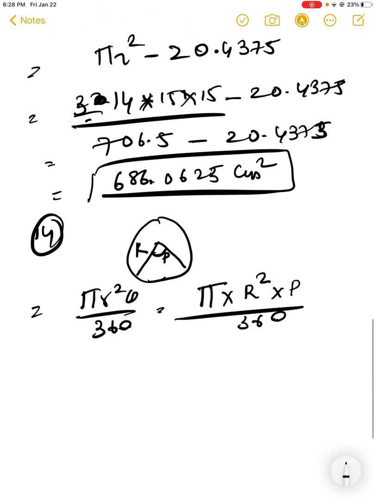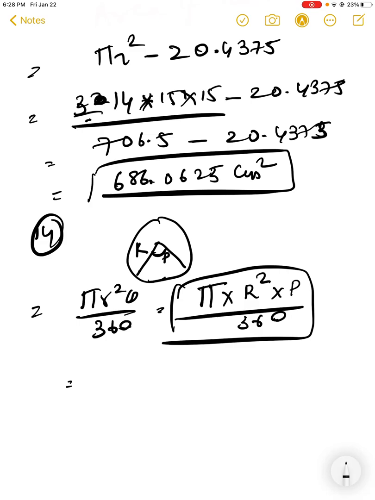Area of the sector of the angle. Here the direct answer is not given.